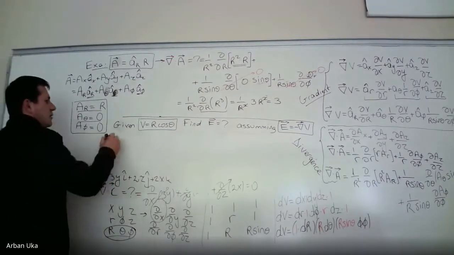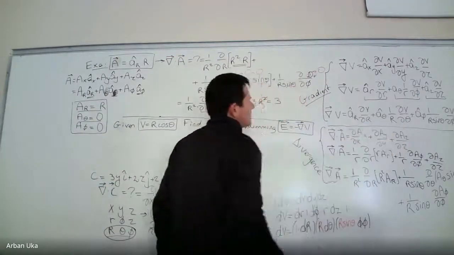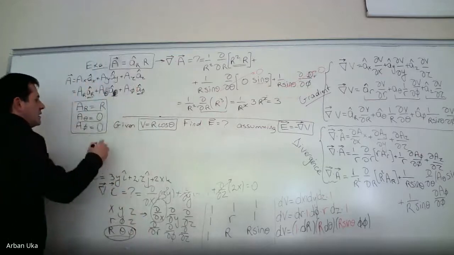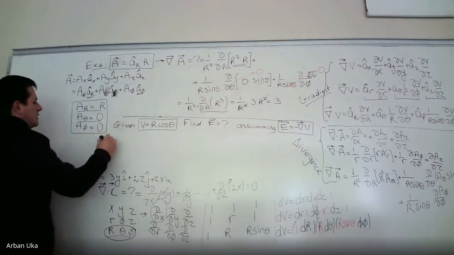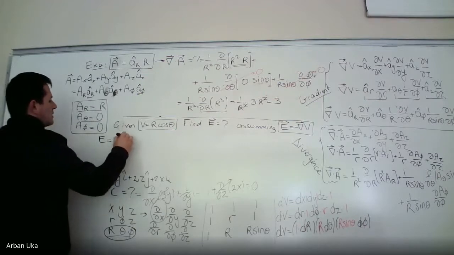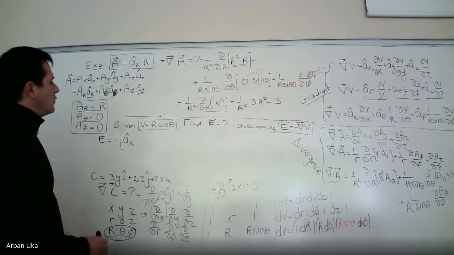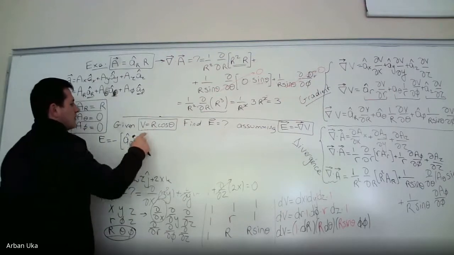So in this case, we have to use this expression for the spherical coordinate system, and then we find that the electric field is equal to minus aR, the derivative of V with respect to R. What is the derivative of this potential with respect to R?